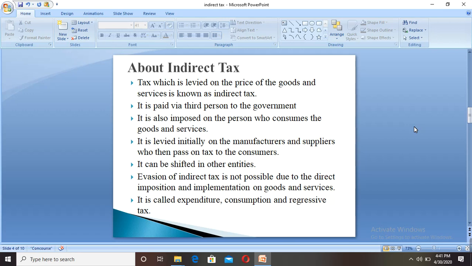Indirect tax is very difficult to be evaded by taxpayers because they pay tax to the government indirectly, and they may not know that they have paid tax to the government because it is not seen clearly like direct tax.